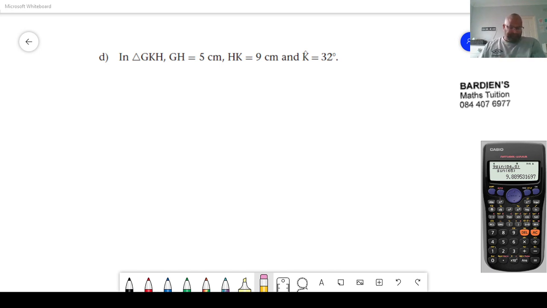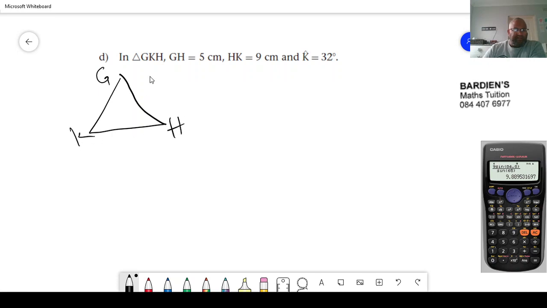Now we're going to choose one where the ambiguous case is applied. In number 1D, we are given triangle GKH. Let's draw the triangle. GH is 5 centimeters, HK is 9 centimeters, and angle K is 32.